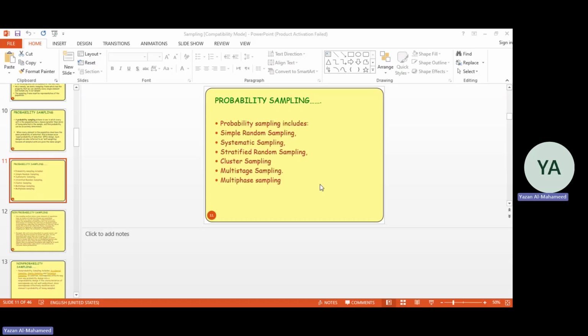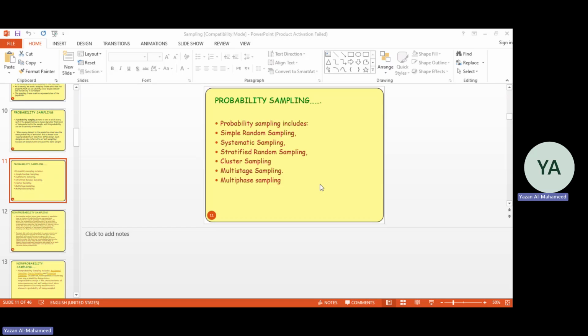The next type of non-probability sampling technique is called cluster sampling. Cluster sampling is similar to stratified sampling, but there is a main difference, which is that we select the sample of the study not based on common points.